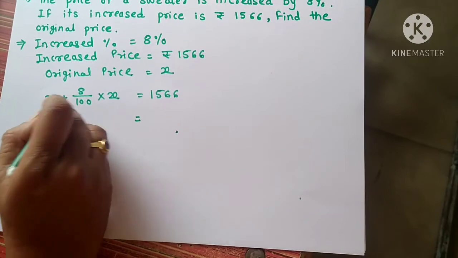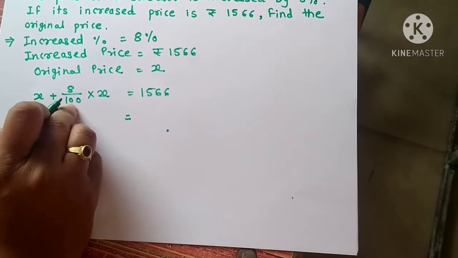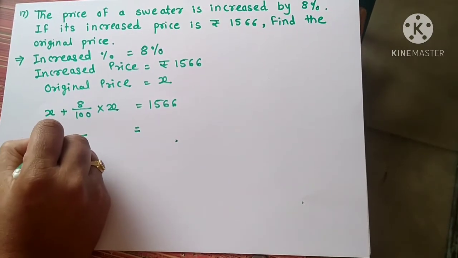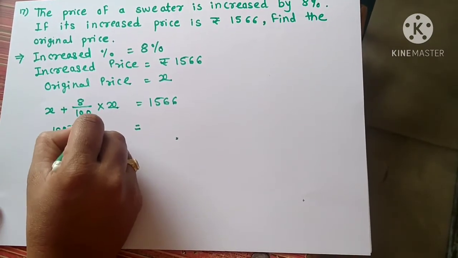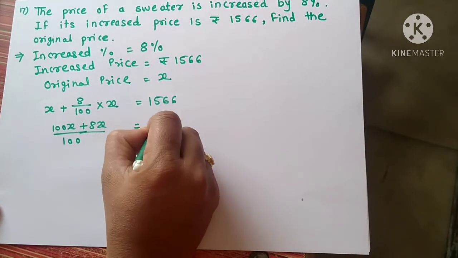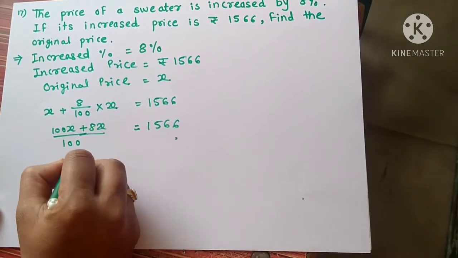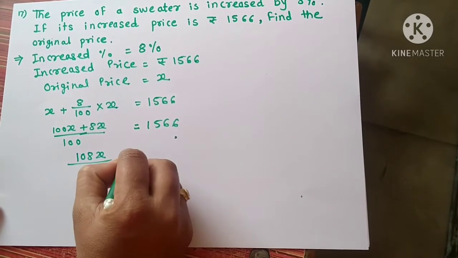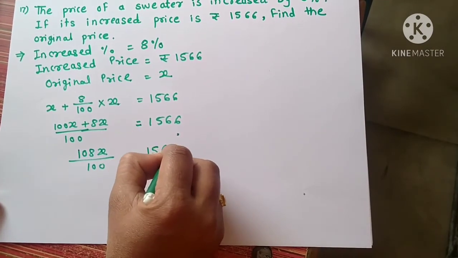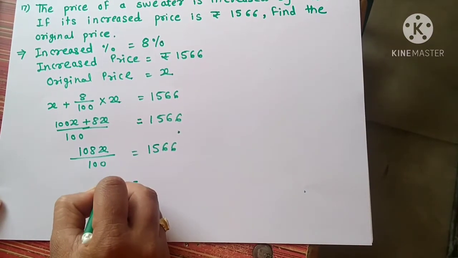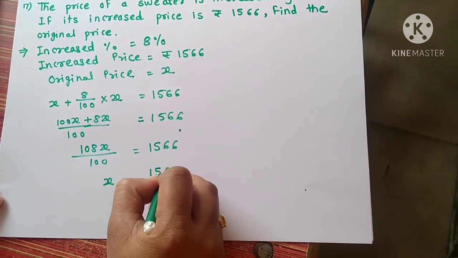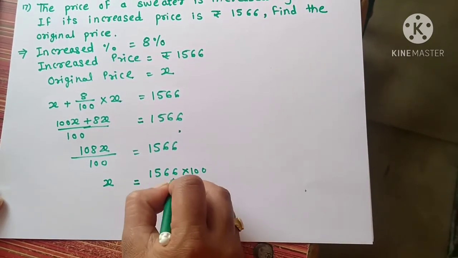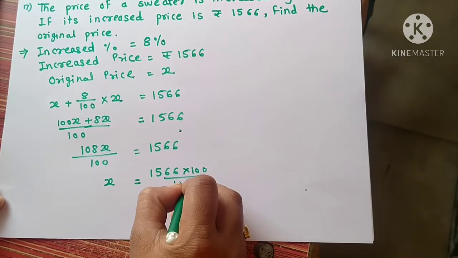So I'm going to make the denominator equal. 100x plus 8x is 1566. 100x plus 8x is equal to 108x upon 100, equals 1566. x is 1566 multiplied by 100 divided by 108.